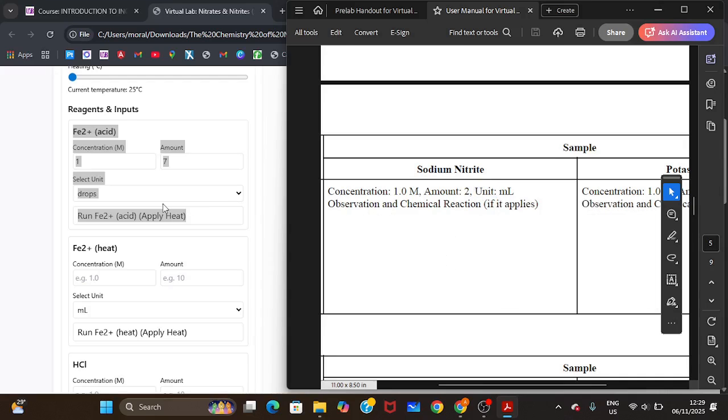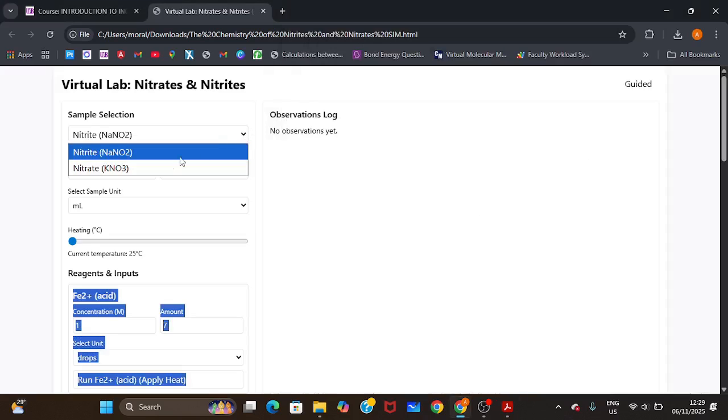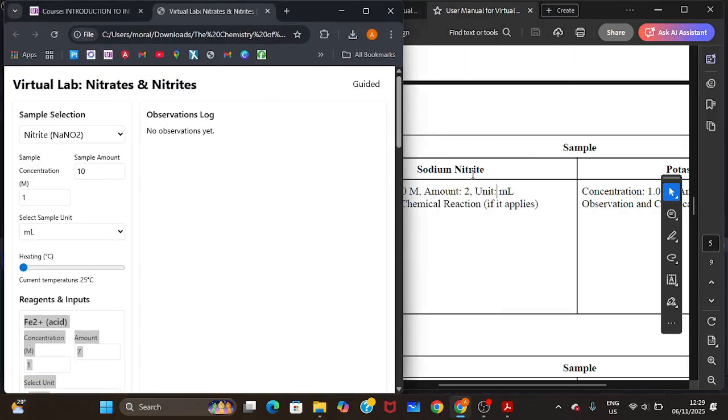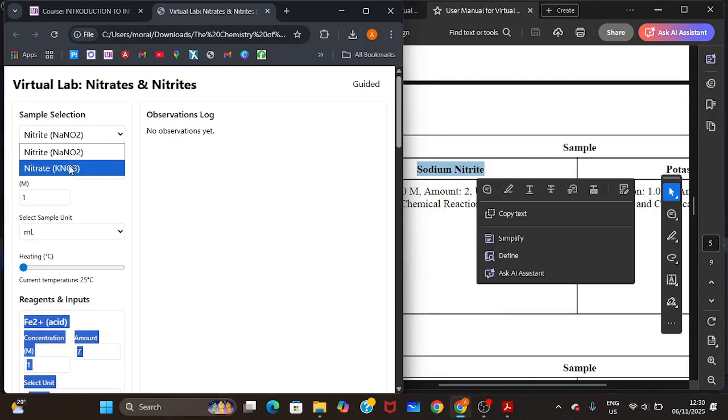Okay, so for this one, you go here at the top under sample selection, and you will notice that you have two main options. You have the reaction with the nitrite and with the nitrate. Okay, and so since we're using sodium nitrate, you go ahead and you pick sodium nitrate.